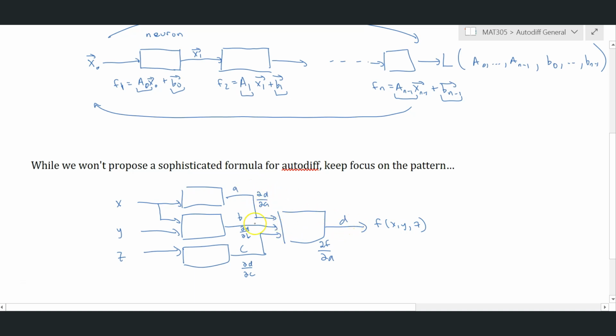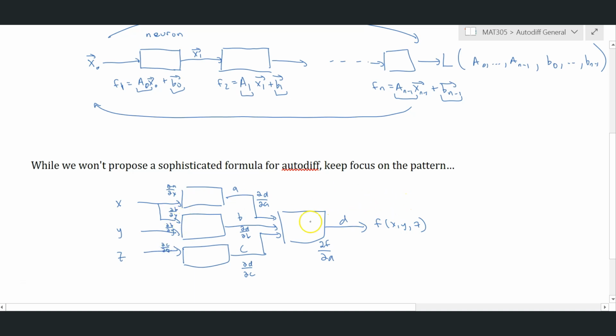We're just trying to show the logic of how each of these produces its own derivative. And then back here, this one will be dA/dx, this little path here will be dB/dx, this one here will be dB/dy, and this one here will be dC/dz.